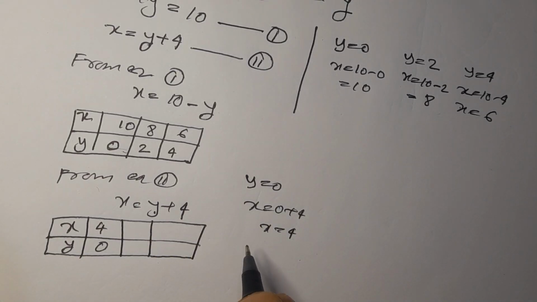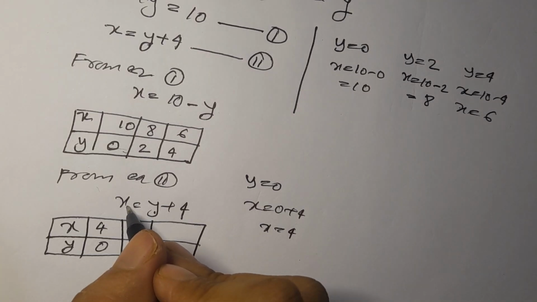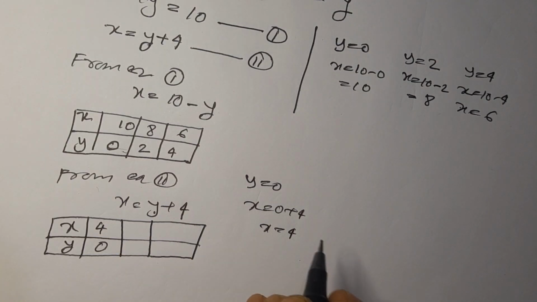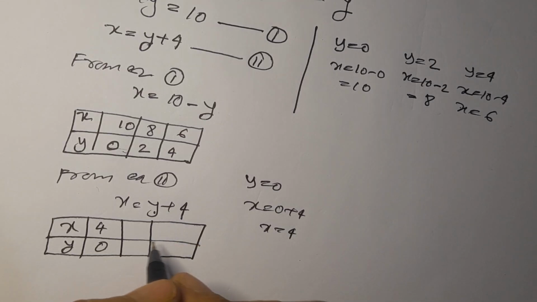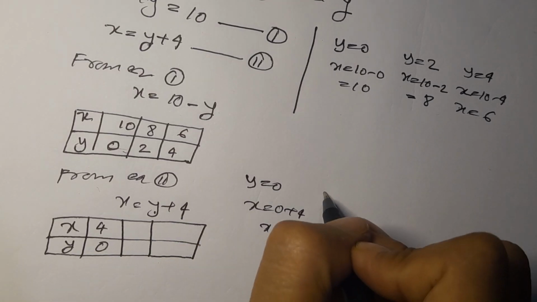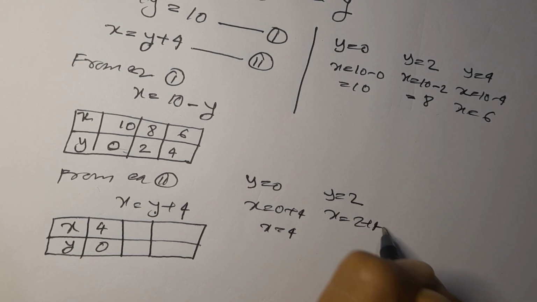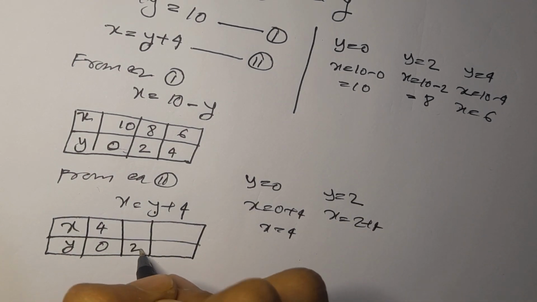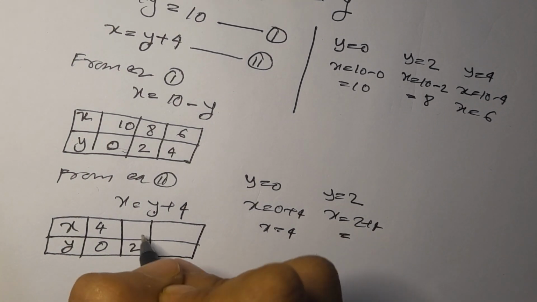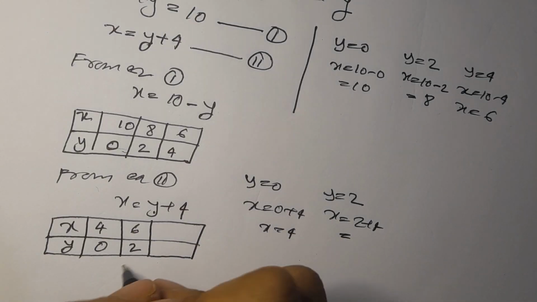Next, we can give x equal to 0 also, but it will give minus. So try to make all of them positive. Let's give y equal to 2. Then x equal to 2 plus 4. So x equal to how much? 6. x equal to 6.